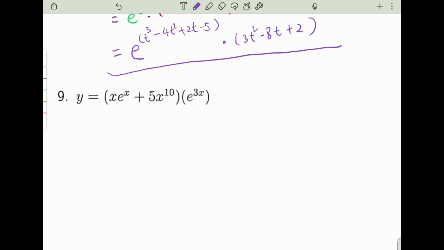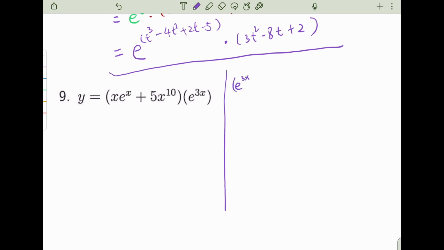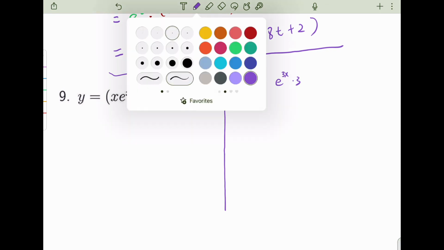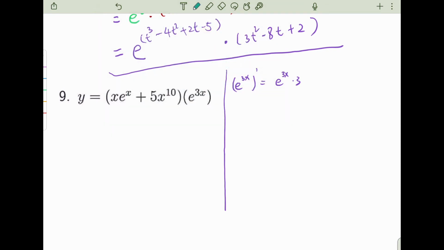So the derivative of, firstly, this e to the 3x, it's equal to e to the 3x times 3. Because there are two functions here. The first one is this e to the x, right? So you need to view this thing as a whole, and this is your y, right? y is equal to this green box.